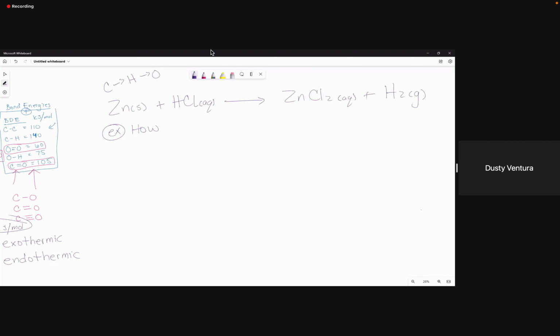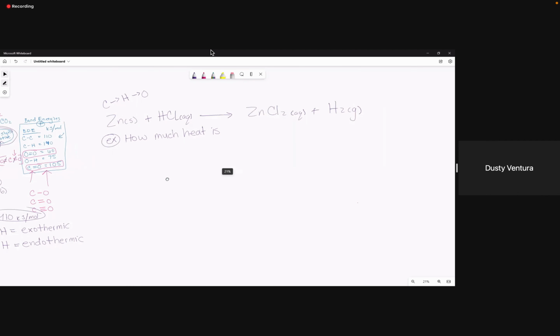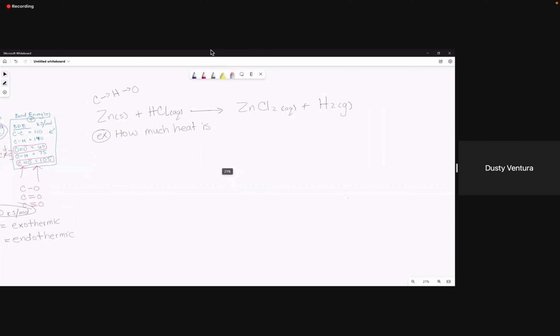Okay, here we go. How much heat is produced? I also need to give the enthalpy of the reaction, negative 75 kilojoules.